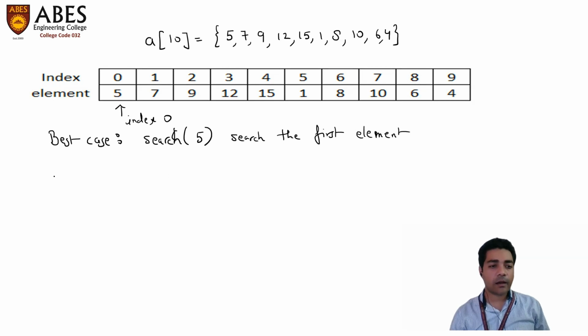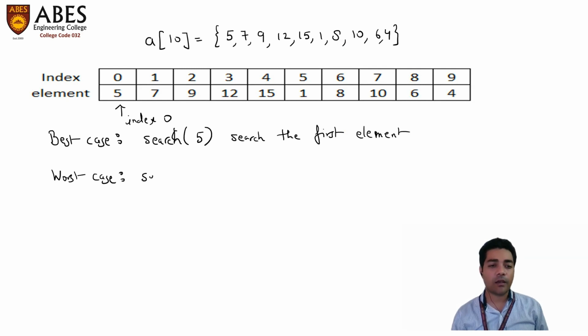Now, second, I will take the worst case. I'm not taking the average case; I will discuss the average case after this. Now, what is the worst case? It is just the opposite of the best case. It means I cannot take more time than this. If I decided 10 seconds is the worst case for this program to run, in any condition it should not go beyond 10, and that is the situation we are aiming for.